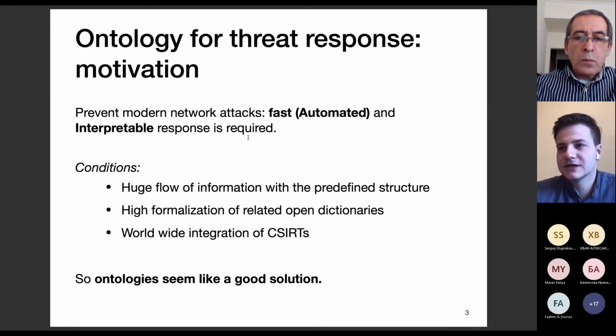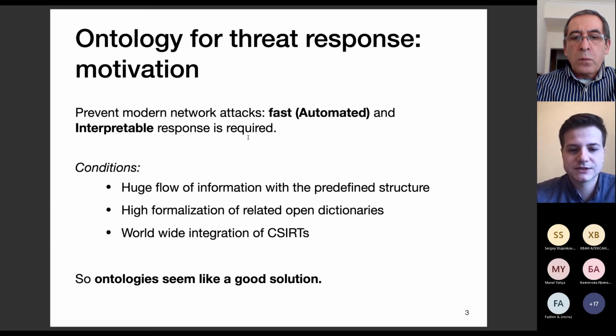On the one hand, we have a huge flow of information from numbers of security sensors, inventory databases, and so on. On the other hand, in cybersecurity, a high level of harmonization is already present, and it's reflected, for example, in open dictionaries like Common Weakness Enumeration, and so on.